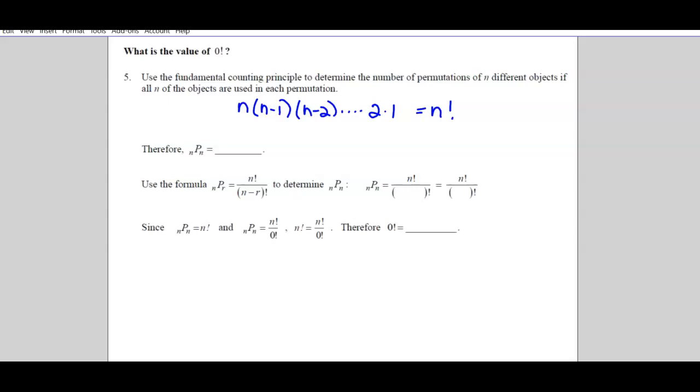So we just said this will be n factorial. What happens when we look at the formula for nPr, if these are both n, then we have to replace that r with n. So here, we'll have n factorial over n minus n factorial, which is 0 factorial.